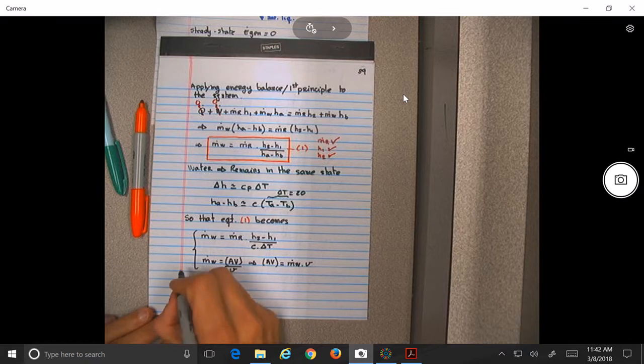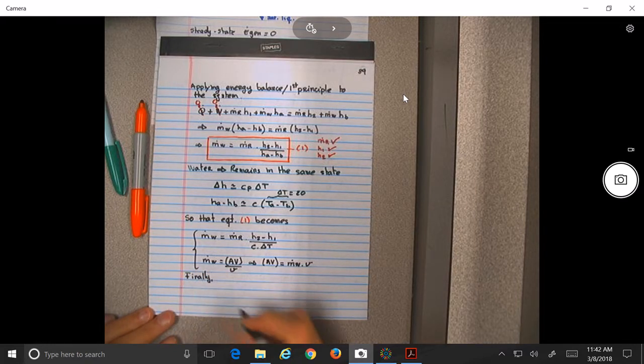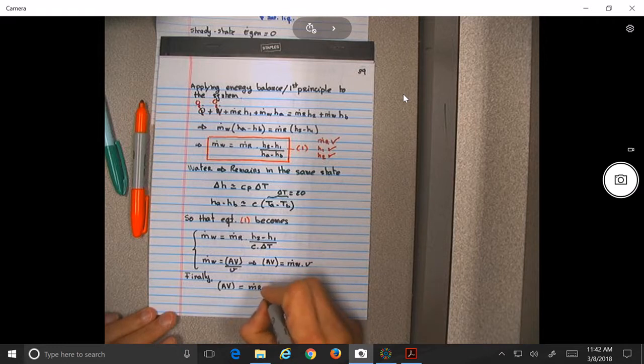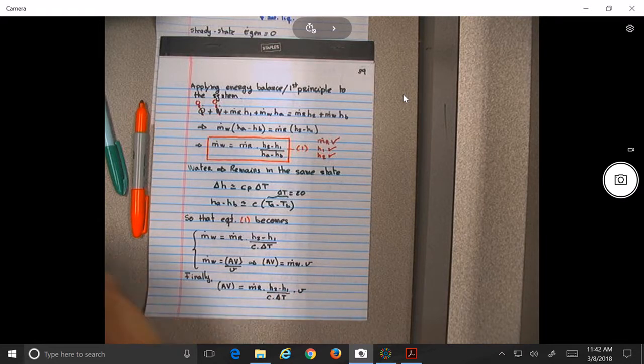Yep. So finally, what do I have? AV, volumetric flow rate of water, will be equal to what? So M refrigerant times H2 minus H1 divided by C delta T times V.